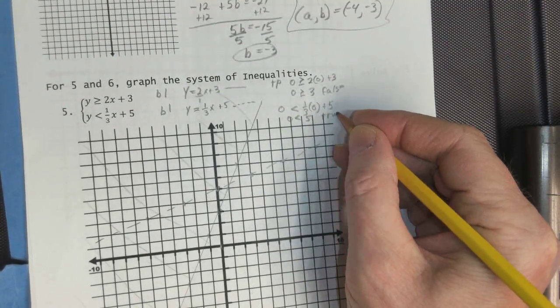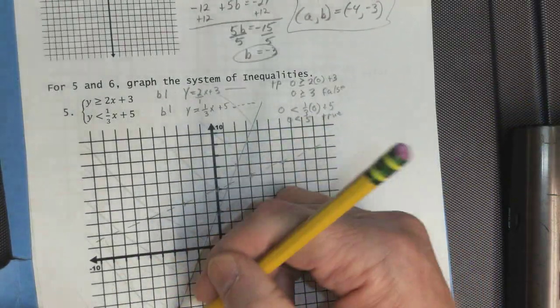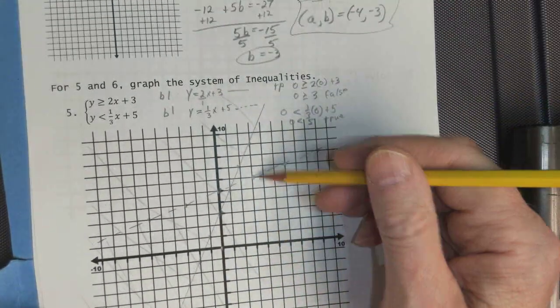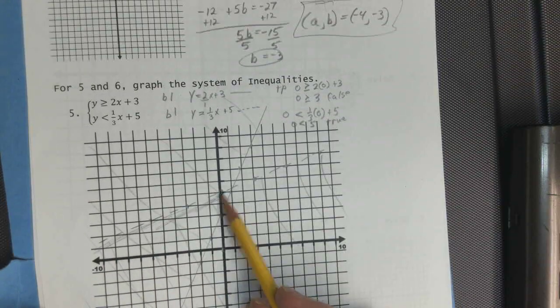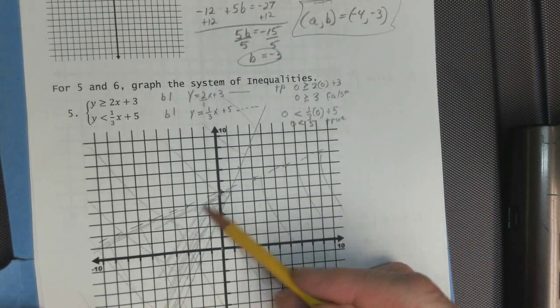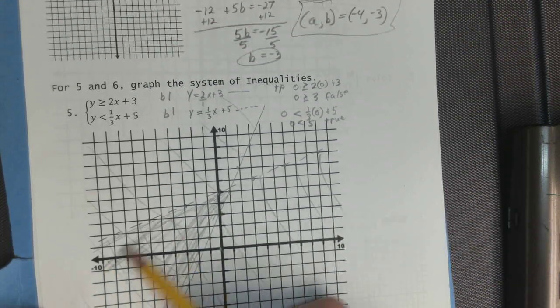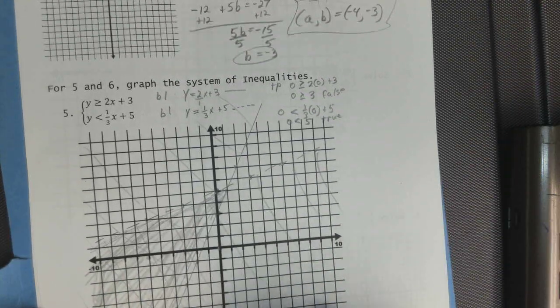That is true. That's going to lead me to shade toward the 0, 0 point, this side right here. Okay, the part that got shaded twice is right here. So that is the part where the ordered pairs that are solutions to both inequalities lie.